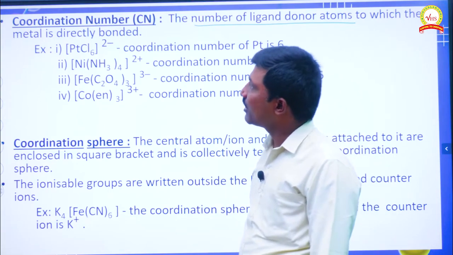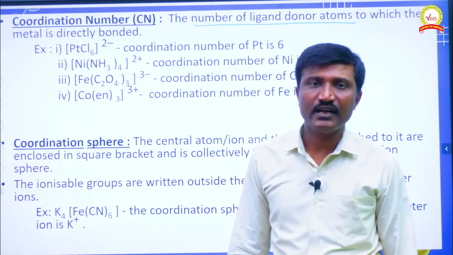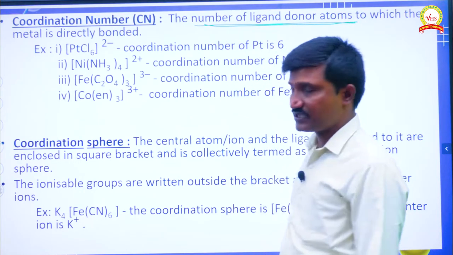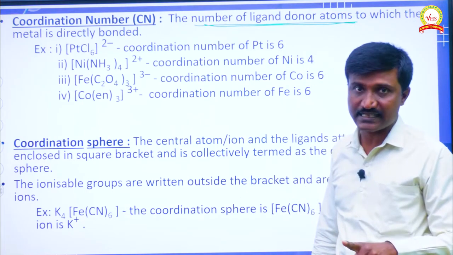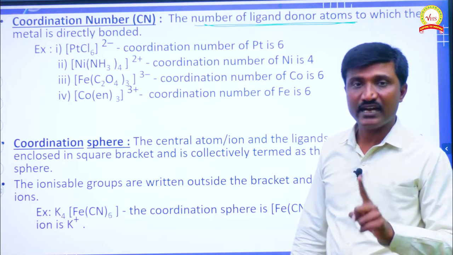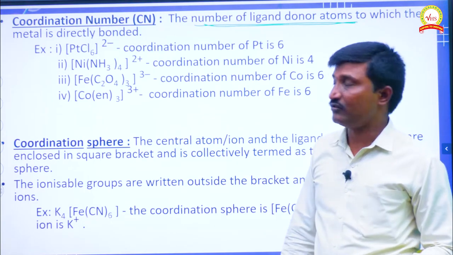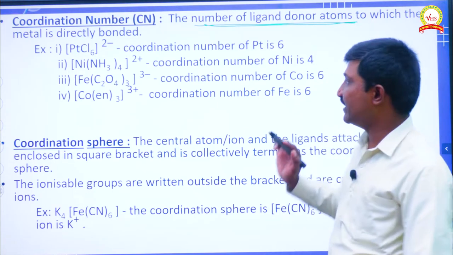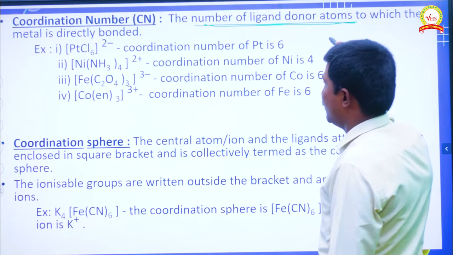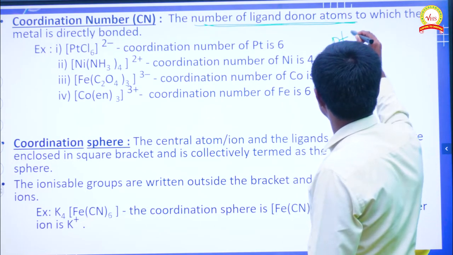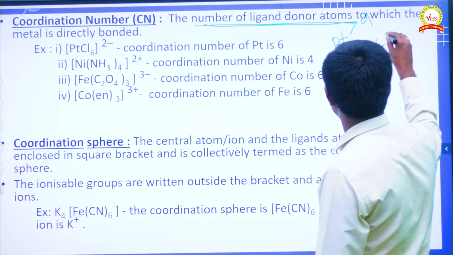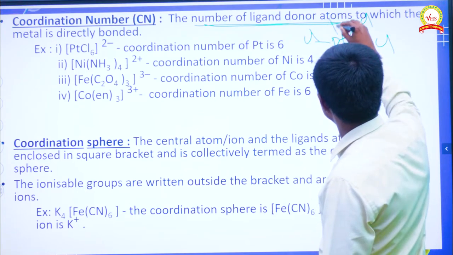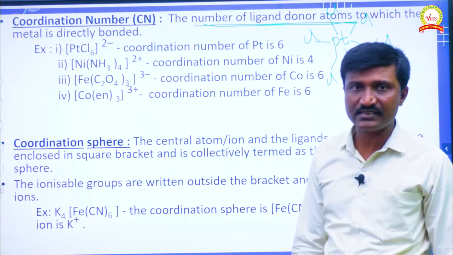Sometimes we can take it as the number of ligands, but sometimes it does not follow that rule, so we have to give the exact definition as the number of ligand donor atoms. For example, if I take the first example, PtCl6, the platinum is going to bind with 6 chloride ligands, that is 6 Cl-, in an octahedral manner. So the coordination number is 6.